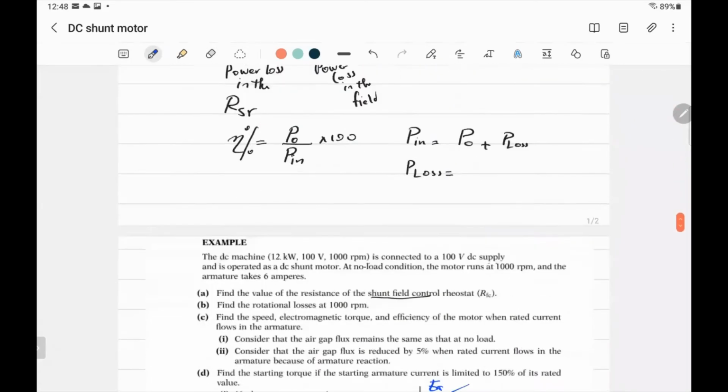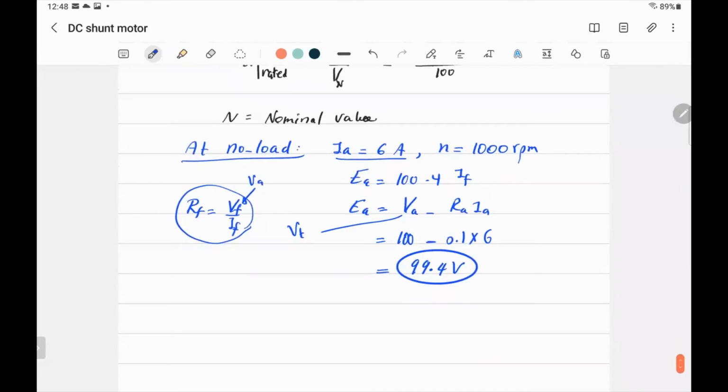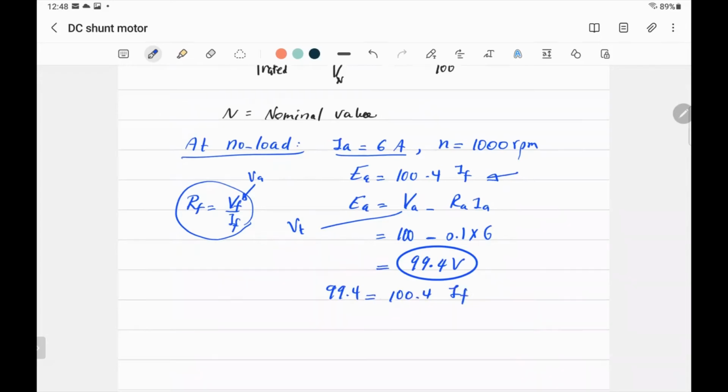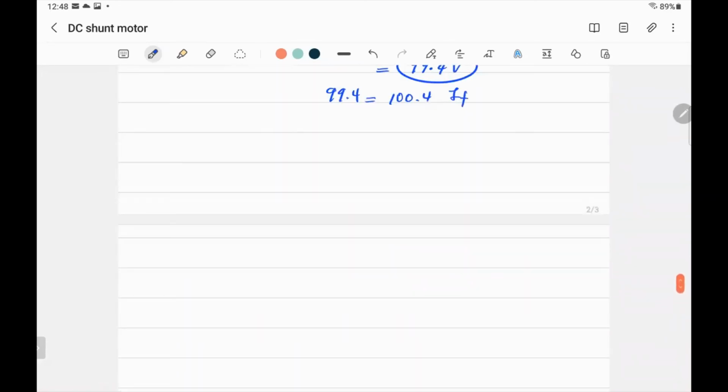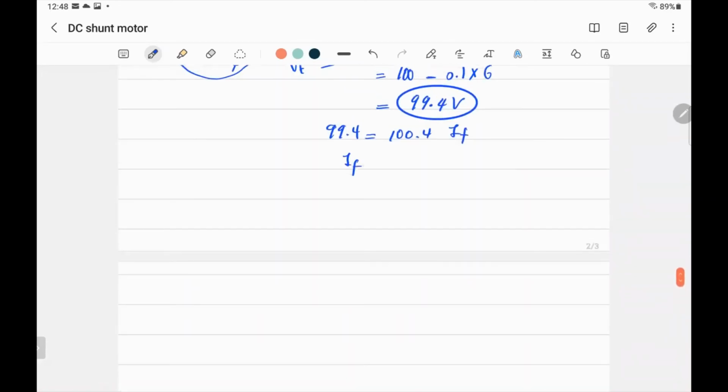All right. So now I have EA. I can find IF using this relationship, or the magnetizing curve. So I'll say EA is equal to 99.4, equal to the constant 100.4 times IF, which I don't know. Now I can find IF by dividing 99.4 by 100.4, and I get IF is equal to 0.99 amp.